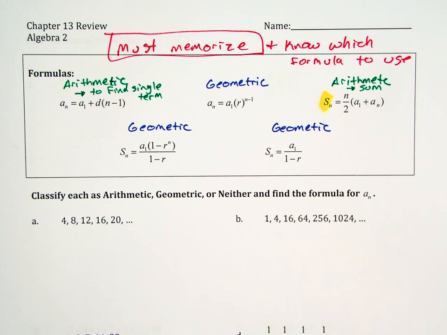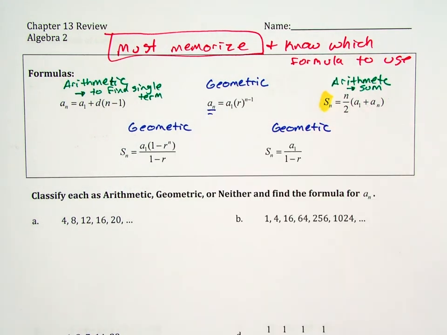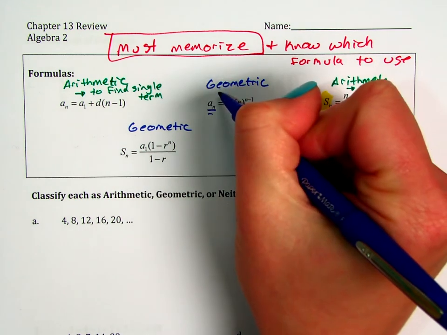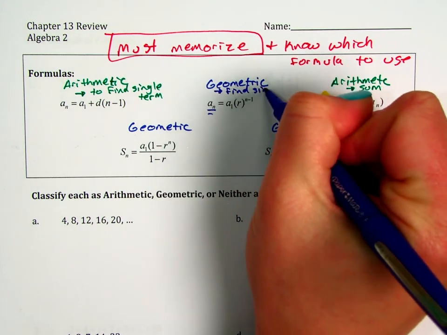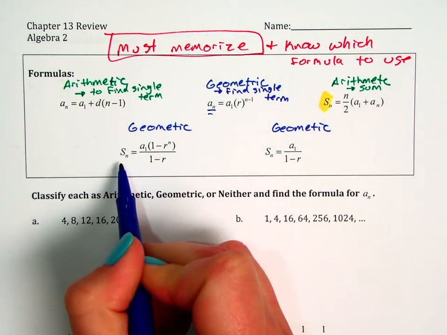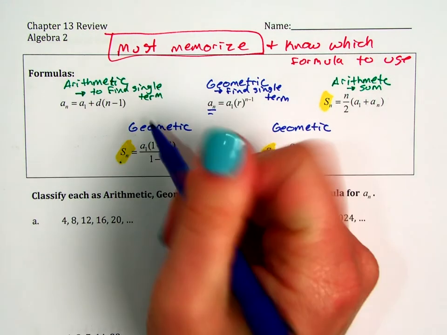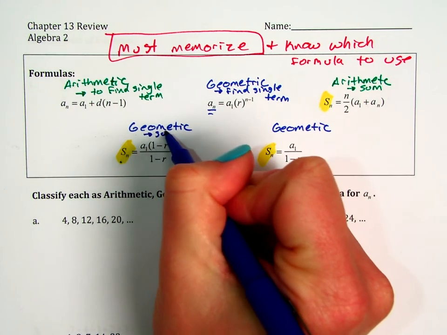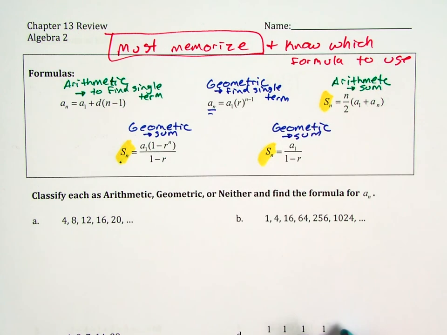Now when we look at geometric over here, again, this A sub n tells me that I'm looking for a single term, so this one helps me find a single term. But as I look at these ones, there is an S, so that S tells me for both of these that they are a sum. Now remember, geometric sums are different depending on what type of series it is, right?